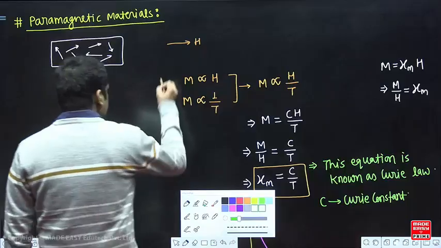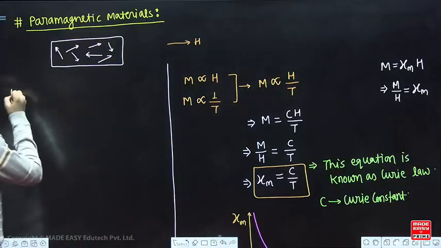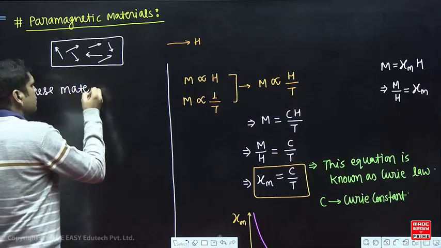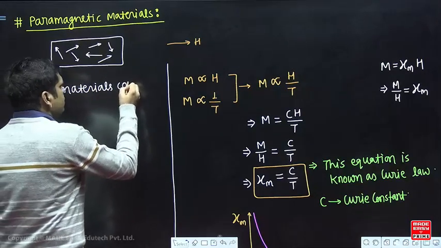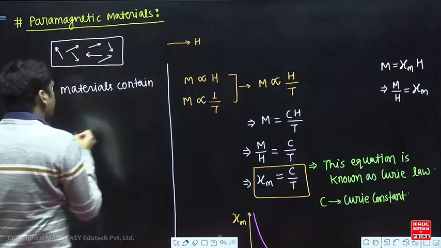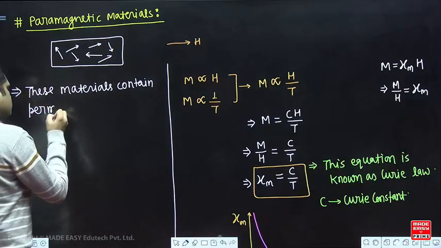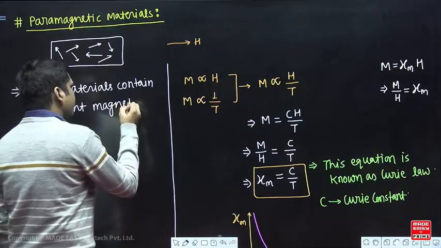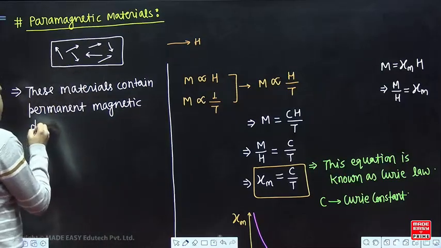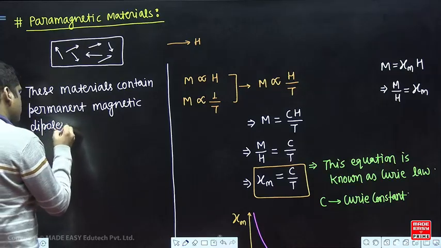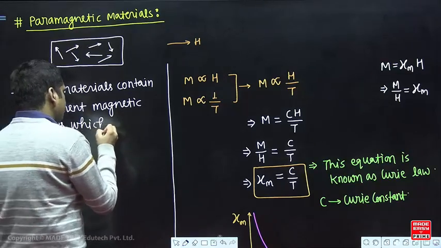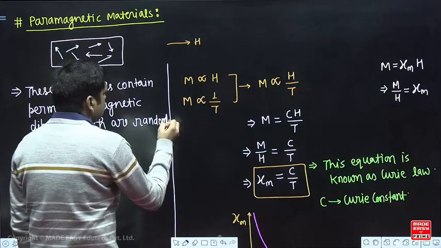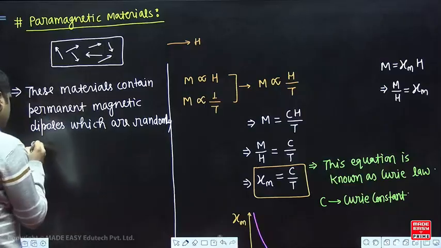So, you can write like this: these materials contain permanent magnetic dipoles which are randomly oriented.